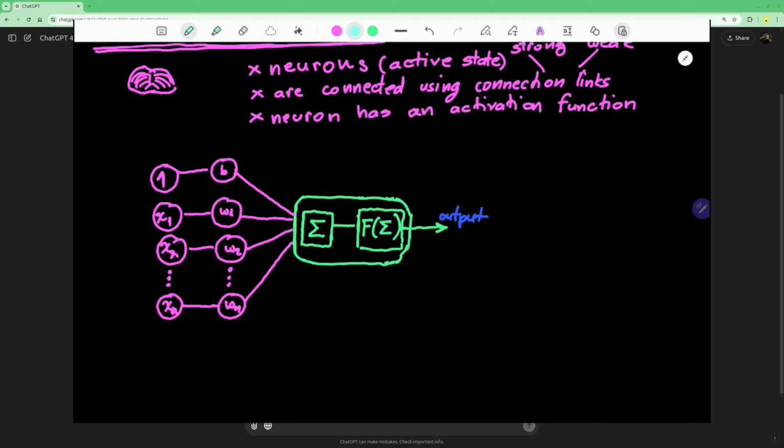And the neuron is defined as follows. Okay, so I have epsilon. We have the function.